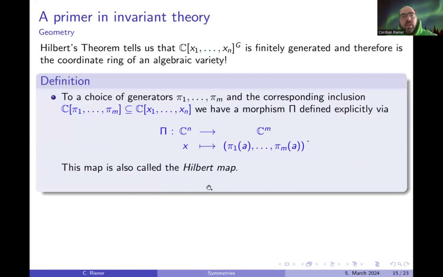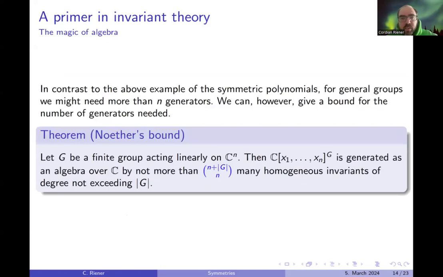Yes? Are there some generators having a degree greater than the cardinality of the group, if you go back to Noether's theorem? So are there homogeneous invariants exceeding the order of the group?